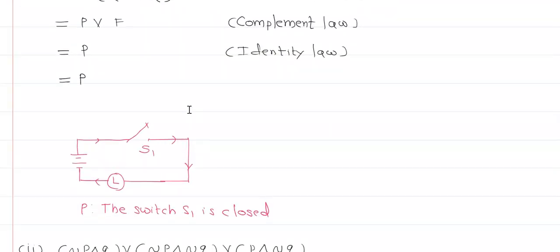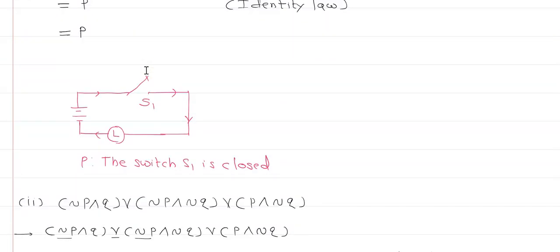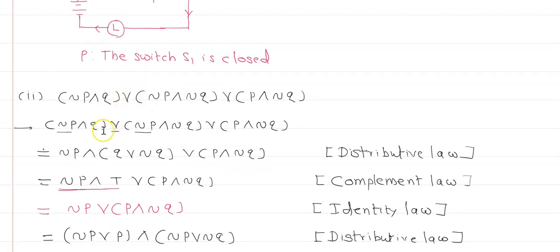Now the next is very simple: negation of P and Q, or negation of P and negation of Q, or P and negation of Q. See this OR and OR. Before that, look at the first two brackets. Here is a negation of P and here is also negation of P. The sign between these two brackets is OR, therefore the negation of P is distributed over the OR.